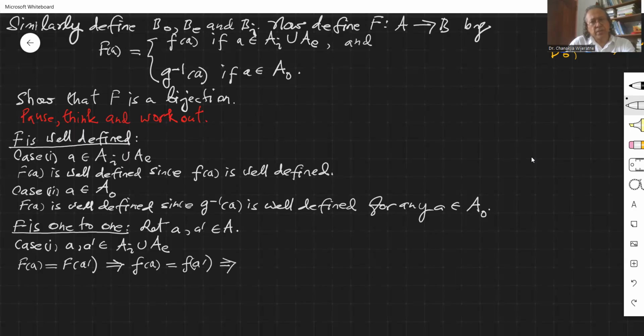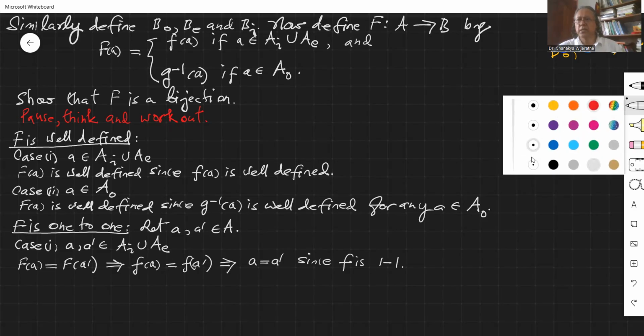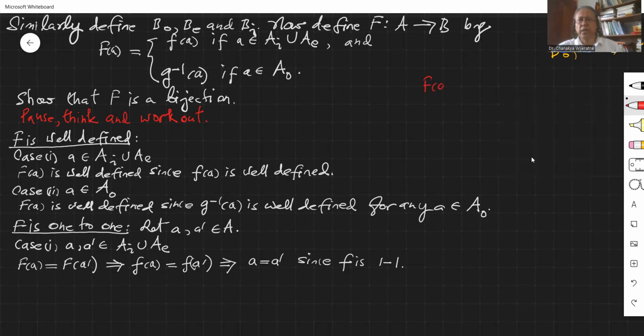So this means that A is equal to A prime, since simple f is one-to-one. In that case, we show that F of A equal to F of A prime implies A equals A prime.